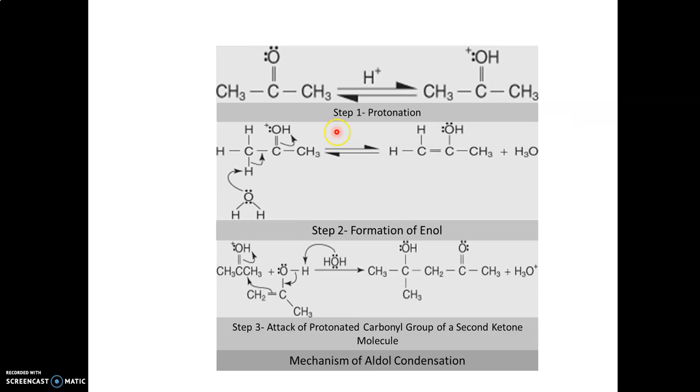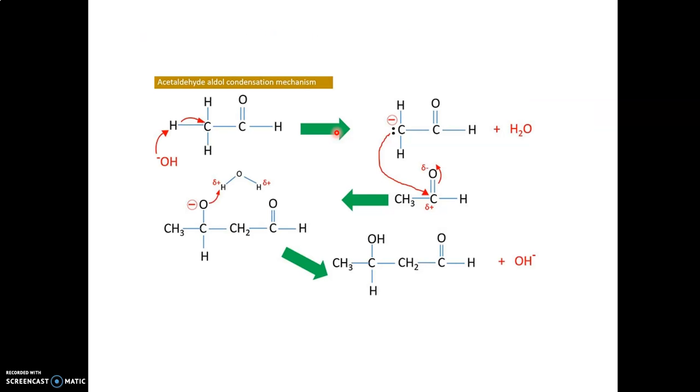Let us recap the mechanism of aldol condensation once again. A hydroxide ion removes a proton, that is the alpha hydrogen, from the aldehyde, resulting in the formation of a carbanion. This carbanion attacks the second molecule, resulting in nucleophilic addition and the formation of an intermediate.